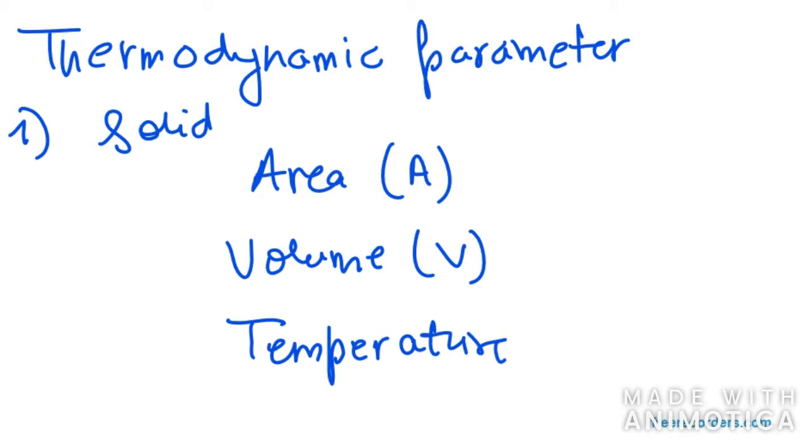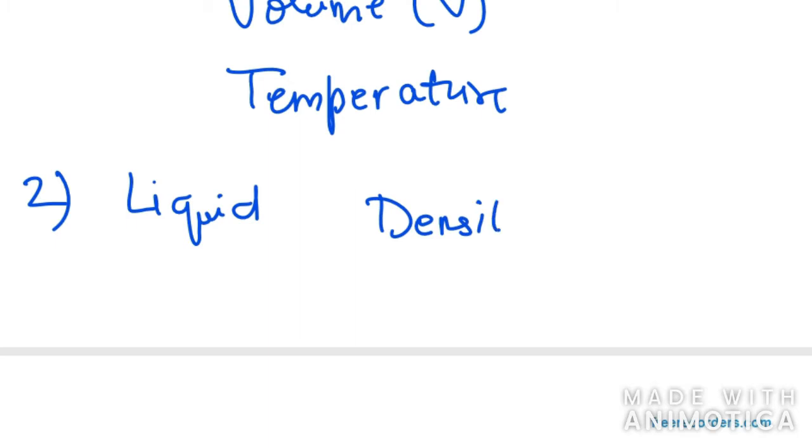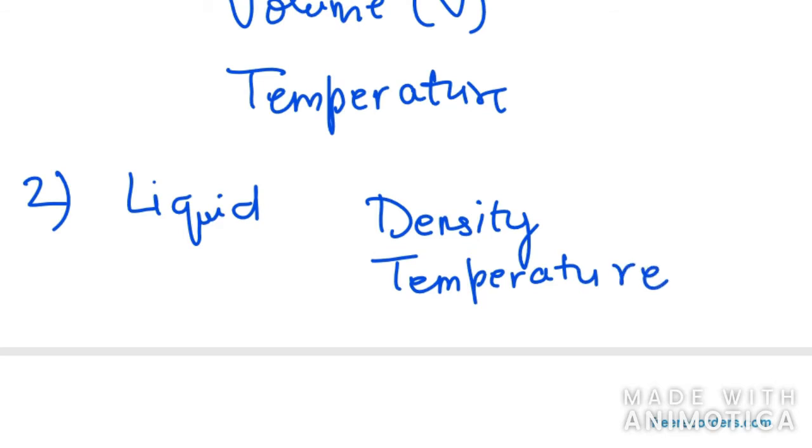The second is liquid system. Whenever we talk about a liquid system, we have density and temperature, and we can also consider surface tension.